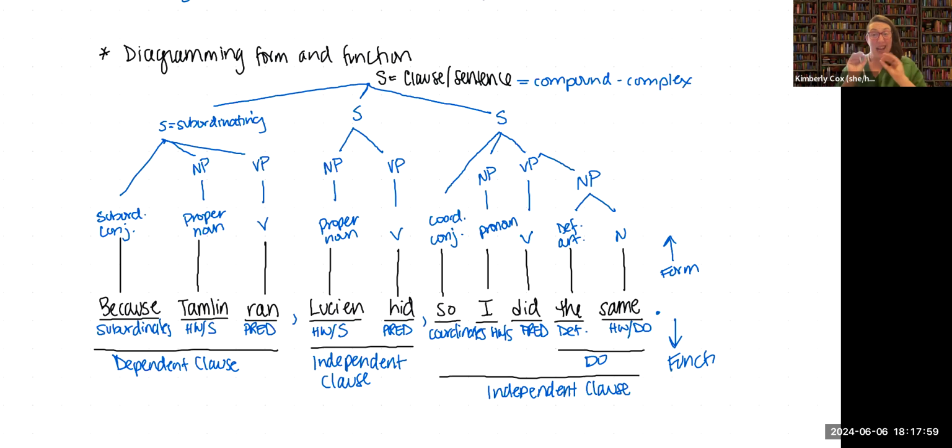So I don't care exactly how perfectly they match your book. What I care about is what you're taking away. And in order to have a compound and complex sentence, you have to have two independent clauses and one dependent clause. And so that gives you a compound complex sentence.